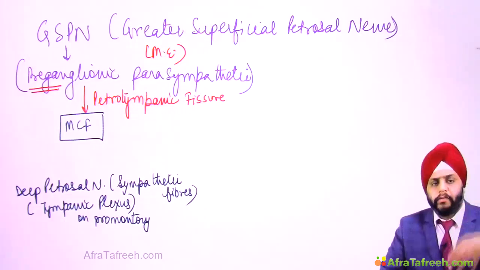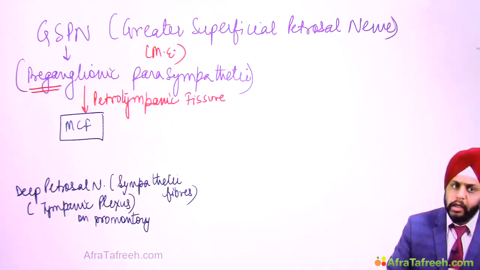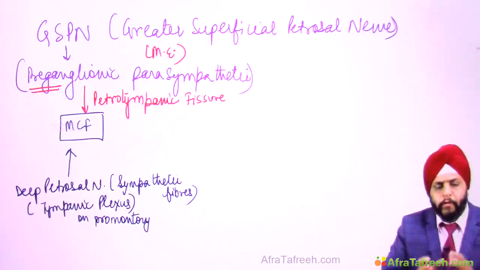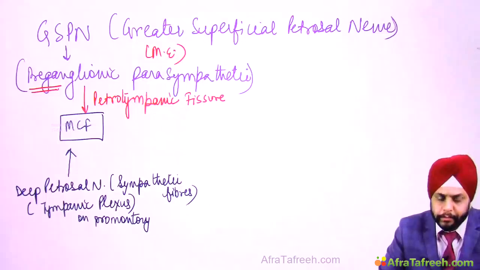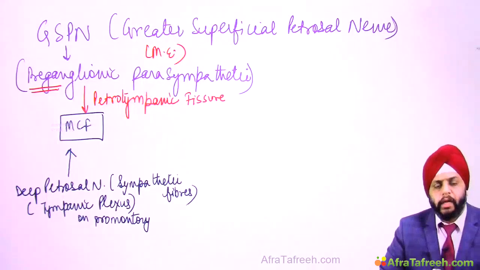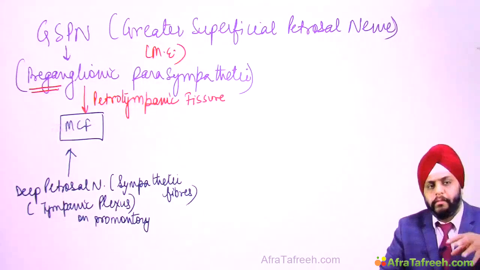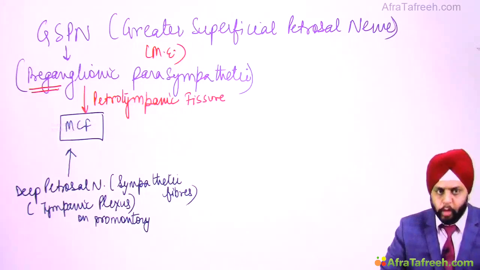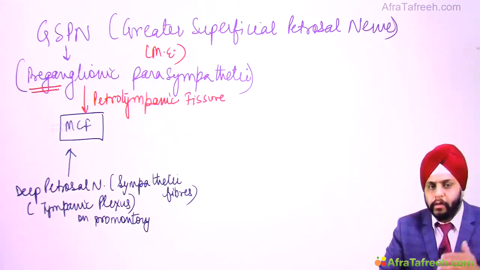So GSPN has gone to do MBBS. The deep petrosal nerve has also gone to do MBBS. Both of them have gone to do MBBS in Russia. Right? Okay, so now the GSPN meets this guy, deep petrosal nerve over there. Now this is a sympathetic guy, complements the GSPN. So he has what she does not have.